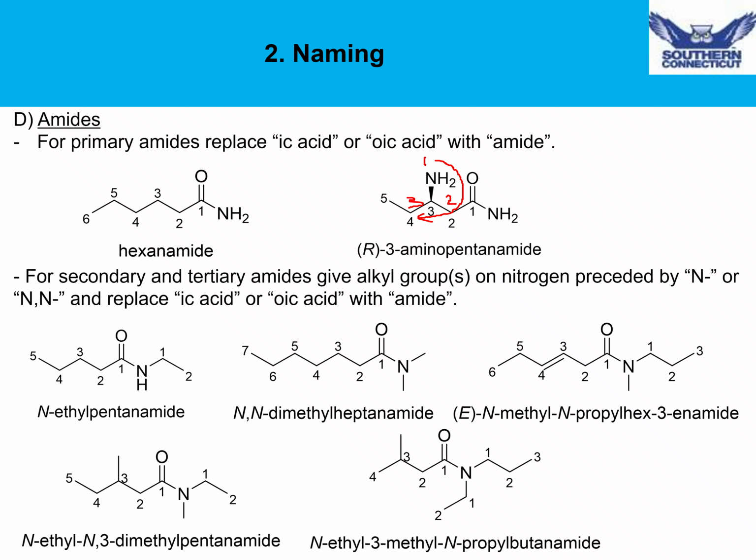If you have 2 of the same alkyl groups, we use the prefix N,N to indicate that we have that repeating alkyl group on the nitrogen.